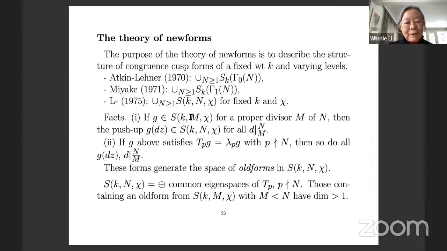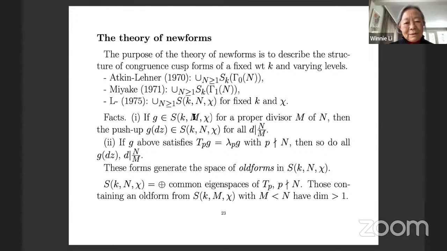So there are two facts. The first is that if I take a level M which is a proper divisor of N, so the group is larger, then a form of lower level M is certainly also a form for N, which is a multiple of M. But not only can we put g in there, we can also change the variable, replacing z by dz for all the divisors d of N/M.